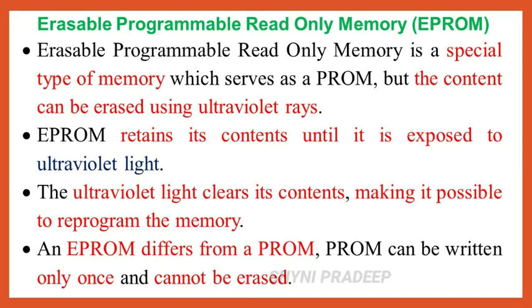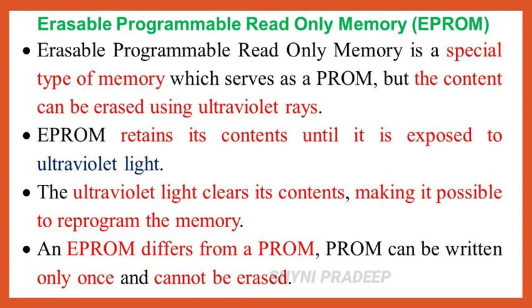Okay. But in EPROM, you can delete the data by using ultraviolet rays. So it retains its contents until it is exposed to ultraviolet light. The ultraviolet light clears its contents and makes it possible to reprogram the memory. Okay. After removing contents, you can reprogram that memory.